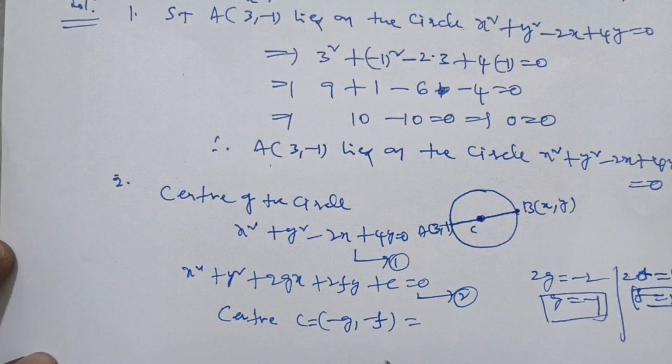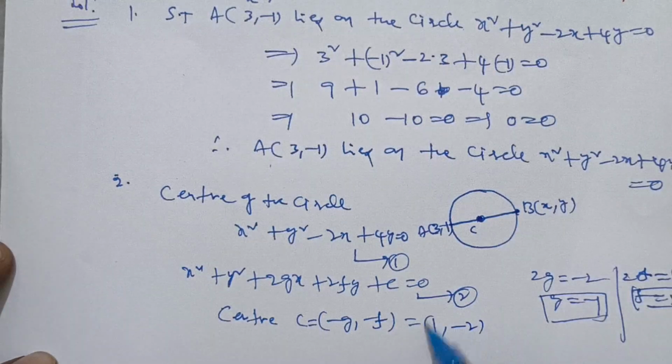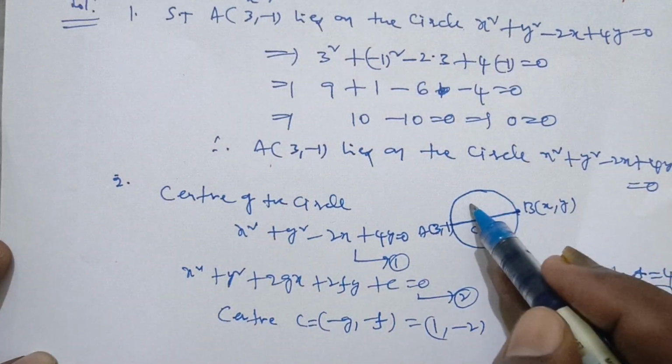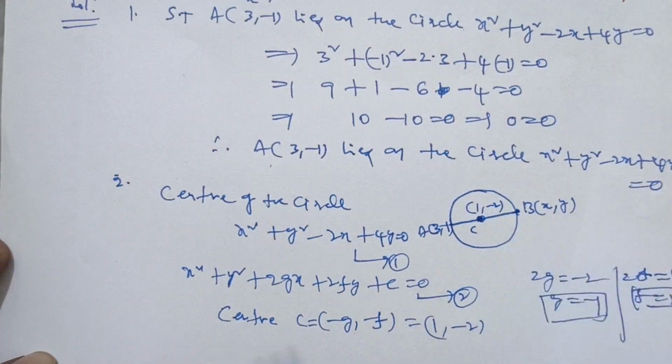Now the center formula is minus g comma minus f. So minus of minus 1 is 1 comma minus f means minus 2. This is the center, so this is 1 comma minus 2.